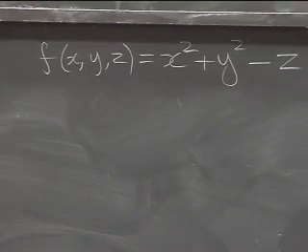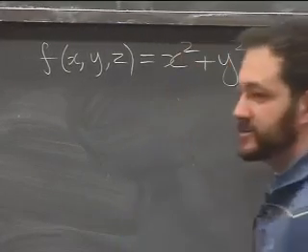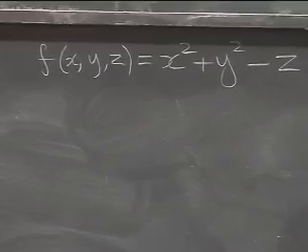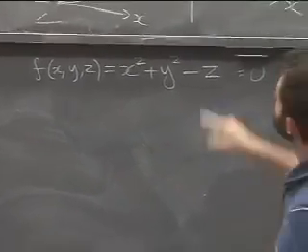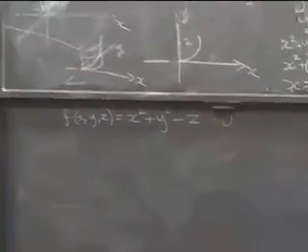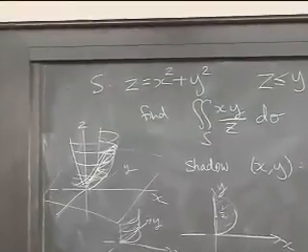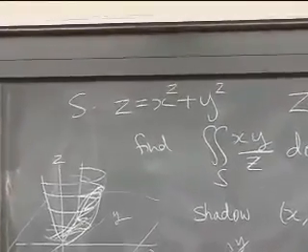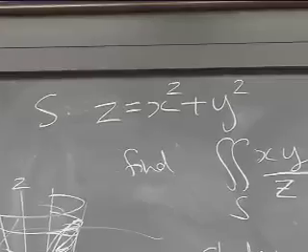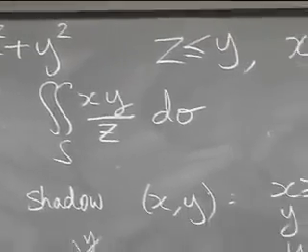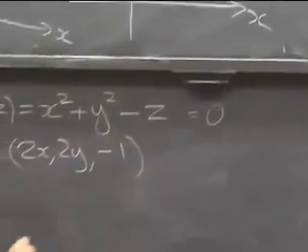Now, why do I do this? Because that equals 0 for the surface. I just took the original equation, z equals x squared plus y squared, and threw everything on one side. So grad f is 2x, 2y, minus 1.